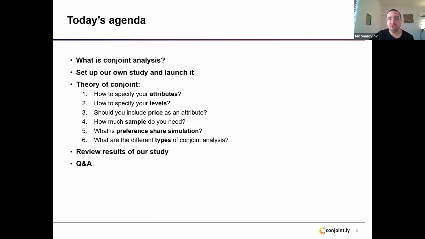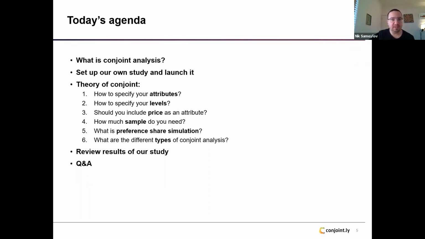Specifically, we'll talk about attributes, levels, whether price should be included, how much sample you need, what is preference share simulation, and what are the different types of conjoint. Hopefully that will give us enough time to get some responses, and then we're going to review the results of the study. And afterwards, there'll be some time to answer questions.